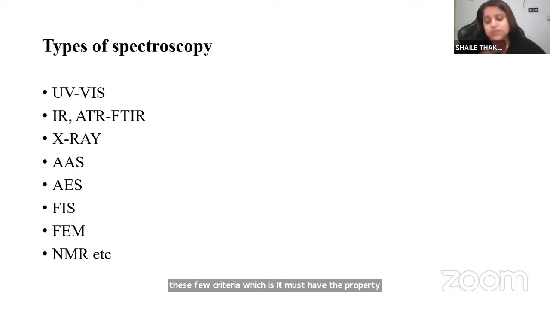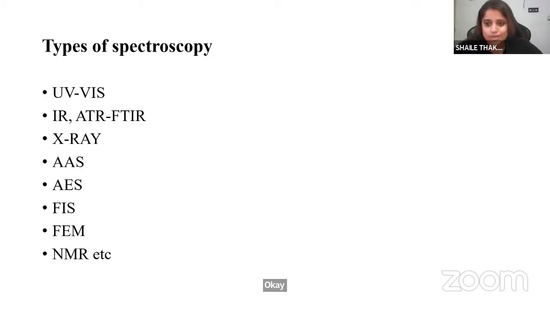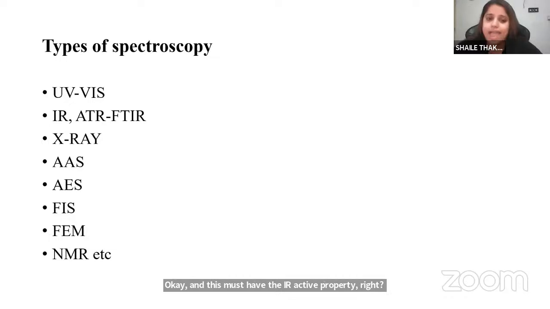H is positive, Cl is negative. So there is a change in the dipole moment. This is the most important criterion for your IR, right? Then the correct wavelength of the radiation, okay? And it must have the IR active property, right? So IR can detect only IR active molecules, right?